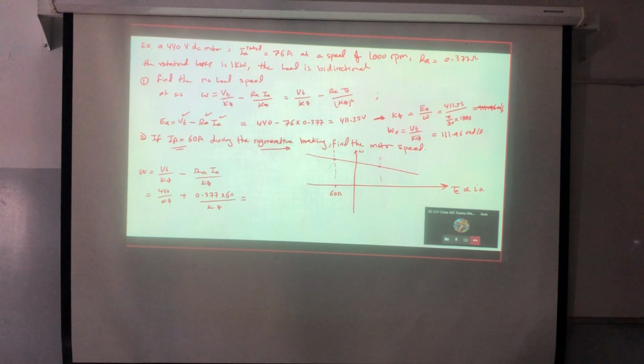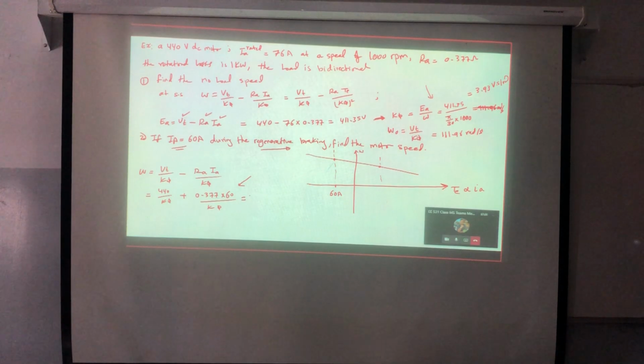If we find K phi from here and plug it in, I think K phi will equal 3.93 volt second per rad.